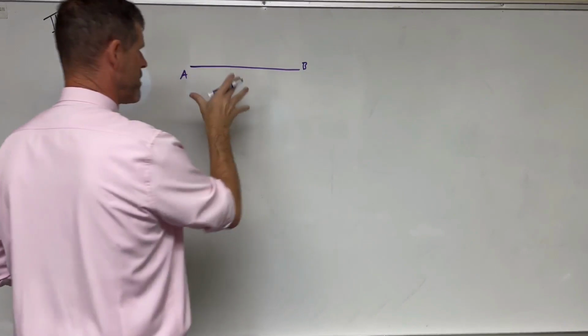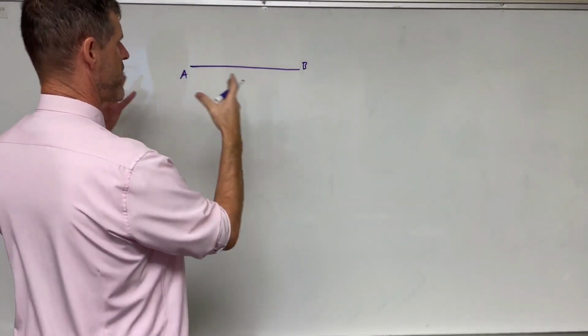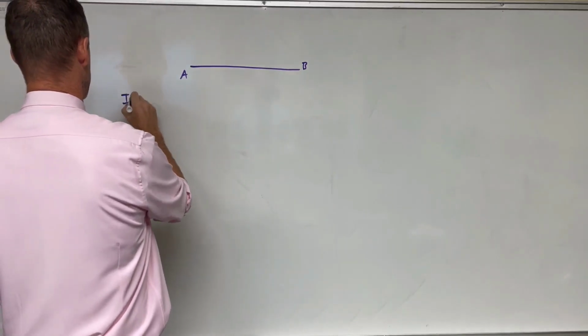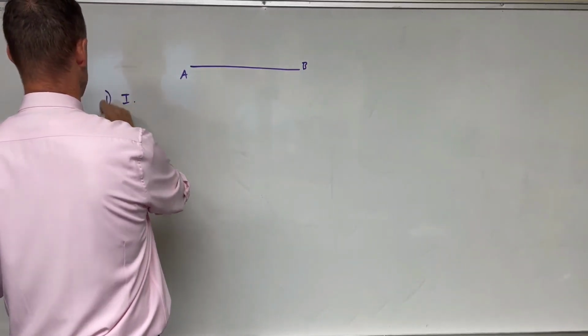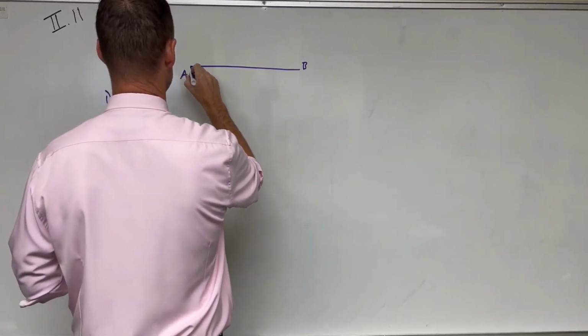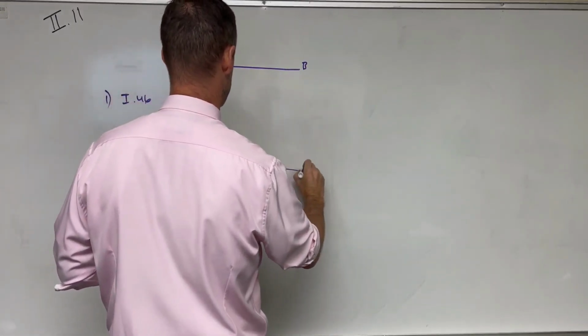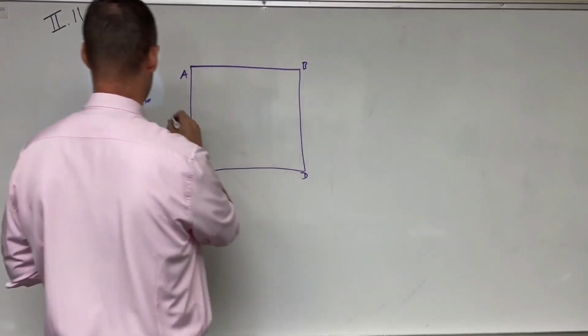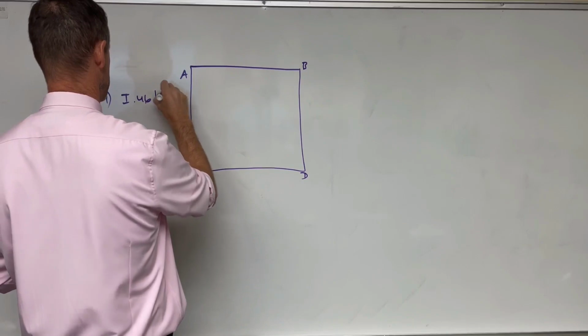and I've got to do a bunch of steps first, and then I'll write up what our actual to-do is. So step 1 is proposition 46 of book 1, and Euclid builds the square on AB. We'll call that square AD.